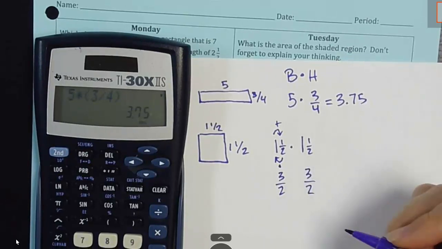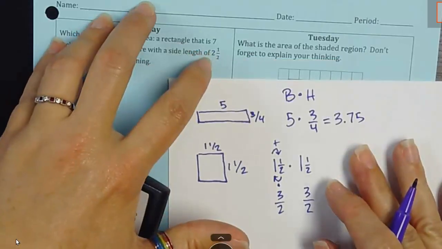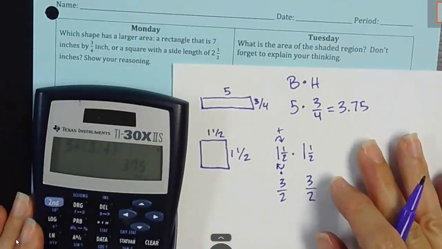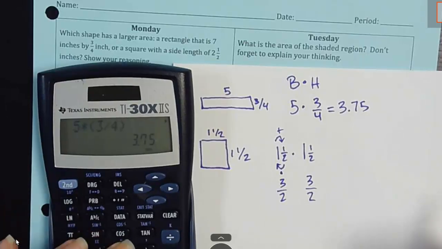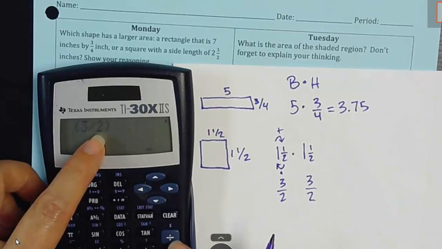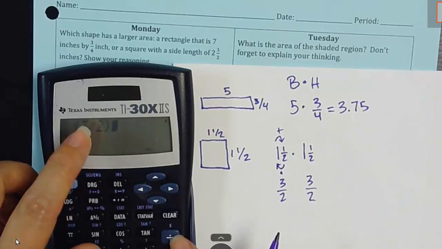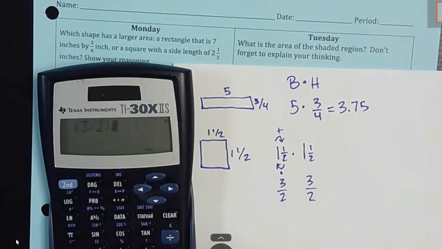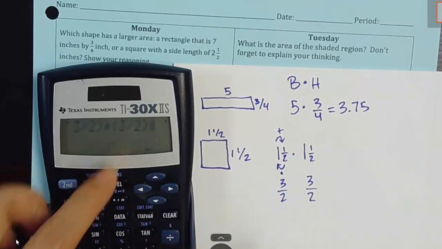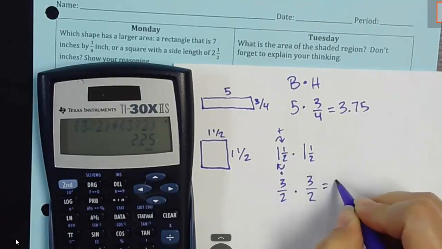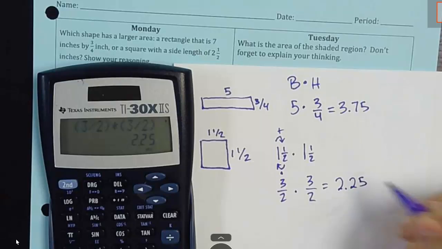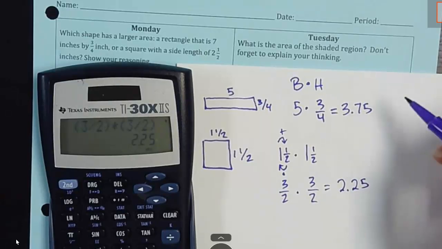So on this one, when we have 2.5, we might want to change that into an improper fraction first. Okay, then I have some fractions I could put in my calculator. 3/2 or 3 divided by 2, same thing. I would use division to get that slash. Times, use your parentheses so that it sees that it's different fractions. Multiply. We get 2.25.